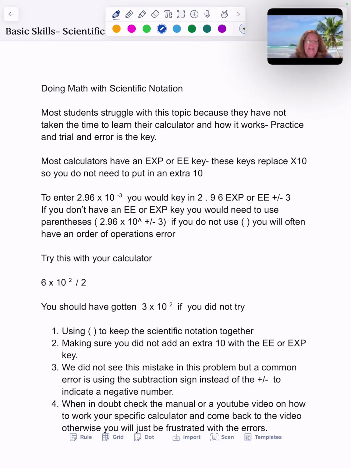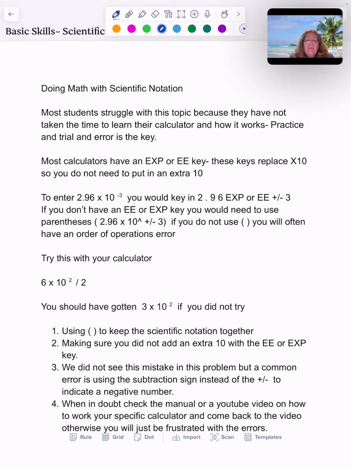I'd press the EE button, which says times 10 to the, and my screen would show me an exponent, and I would then put in a 2. If you don't have that, remember, you've got to use parentheses to keep that scientific notation together as a group, because otherwise, mathematically, this is going to be 6 divided by 2 times 10 to the second, which could give you a slightly different answer.